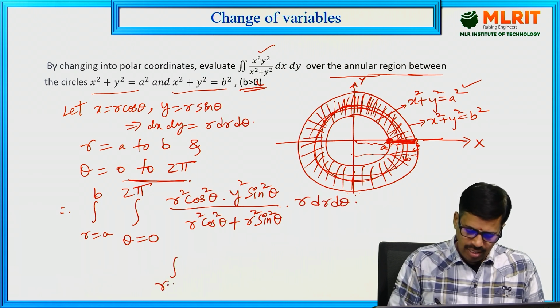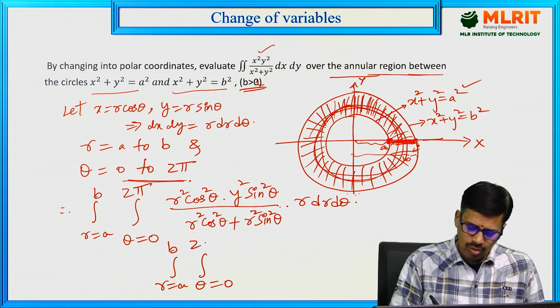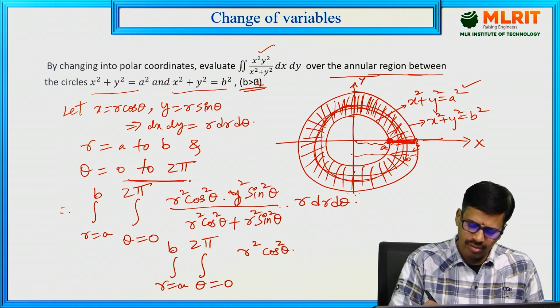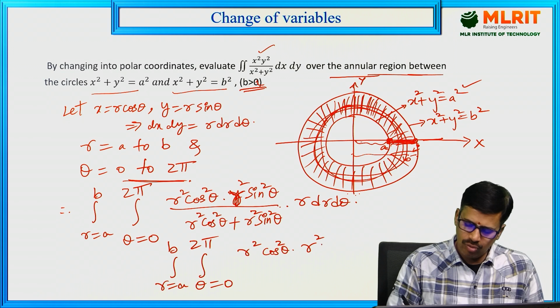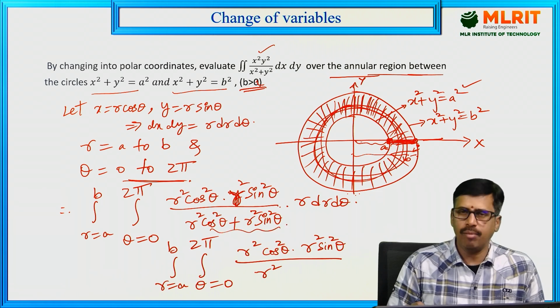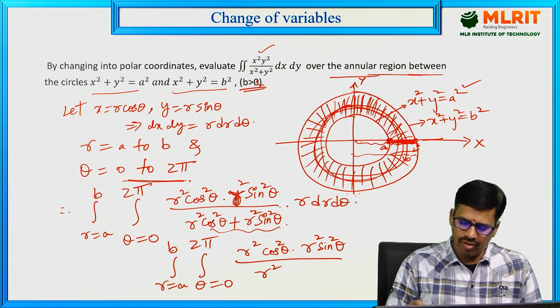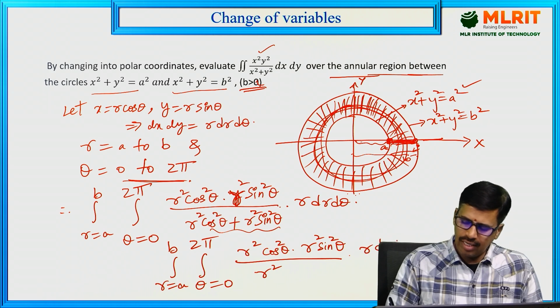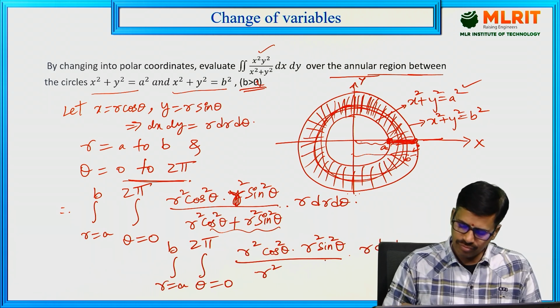So this can be written as r equal to a to b, theta equal to 0 to 2 pi, r square into cos square theta, y means r square into sin square theta, r square, if you take it common, cos square theta plus sin square theta, denominator we get 1 into r dr d theta. So r square is cancelled.